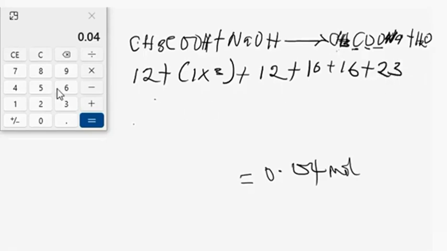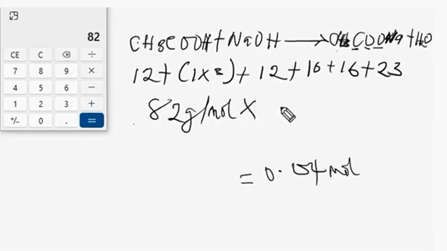So guys, we are going to add this up. We have 12 plus 3 plus 12 plus 16 plus 16 plus 23, and that's 82, guys. So now we've gotten the molar mass to be 82 grams per mole.